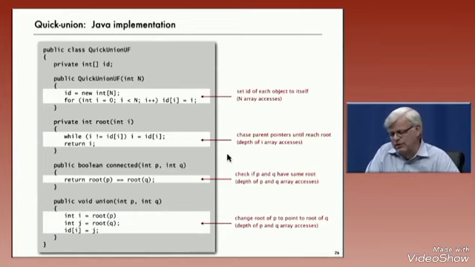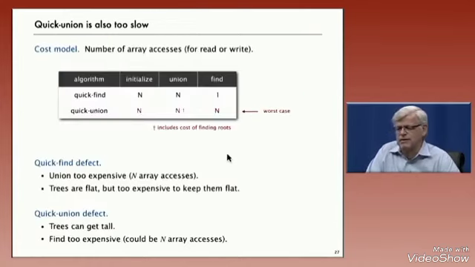So now we're going to have to look at whether this code can be effective for large problems. Unfortunately, quick union is faster, but it's also too slow. And it's a different kind of too slow than for quick find. There's times when it could be fast, but there's also times when it could be too slow.